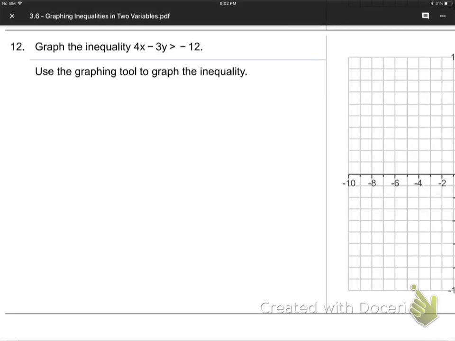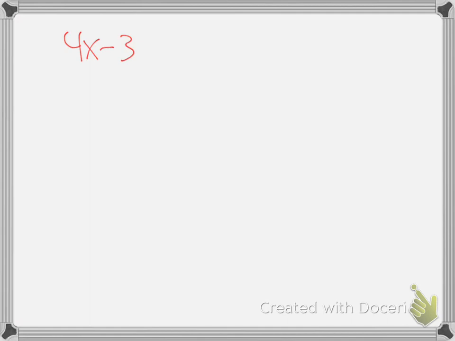All right, let me rewrite it. 4x minus 3y greater than negative 12. This is number 12. Last one. So graph that one. Get that y alone. Jump that 4x over there. Jump that 4x over, right?